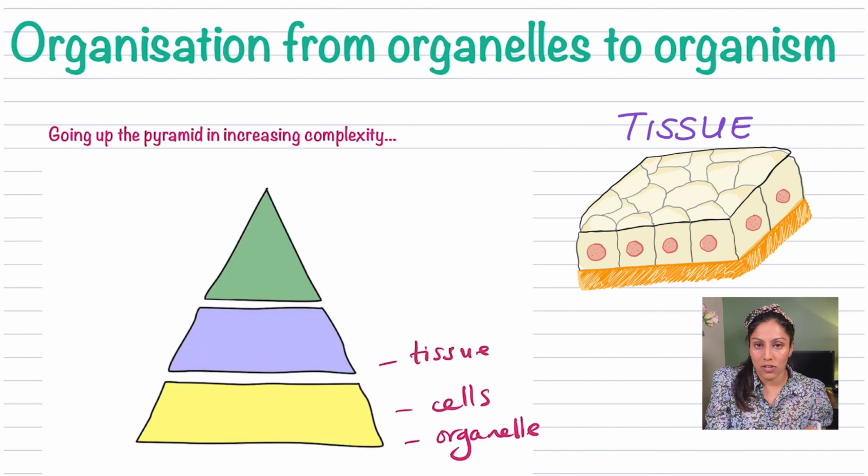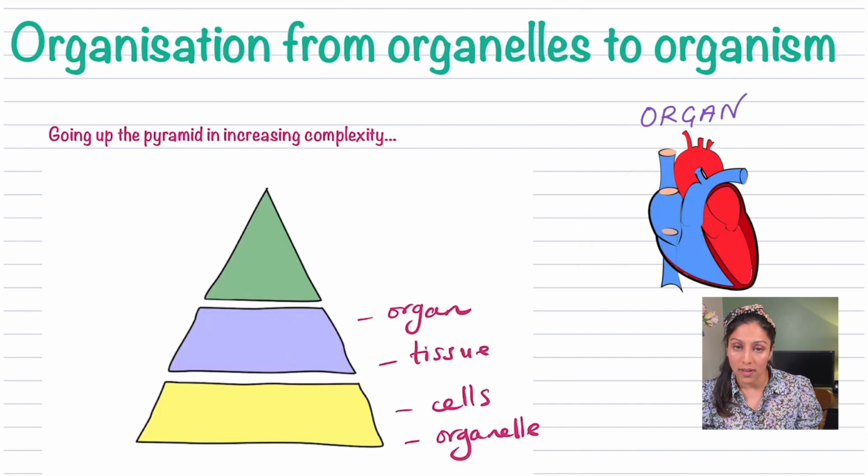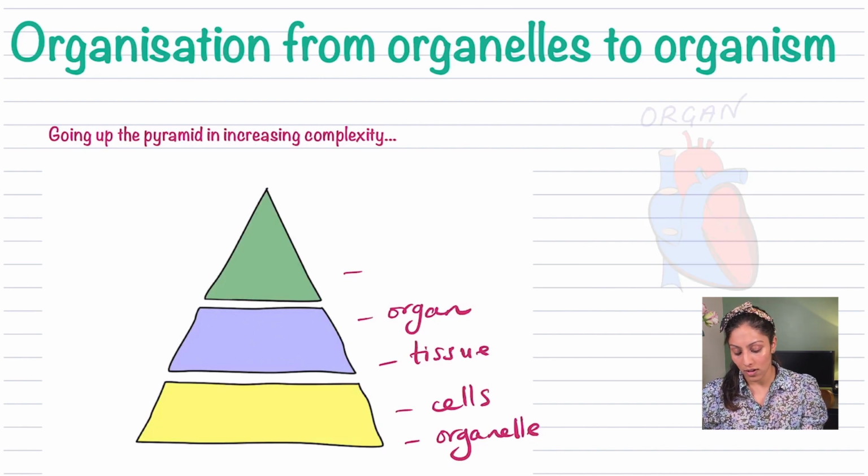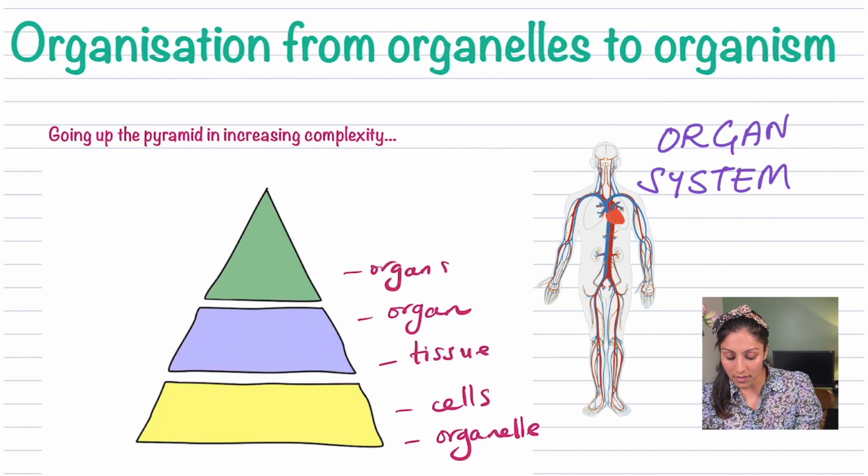And that's not the tissues that you blow your nose with, that's actually tissues that are made up of cells. And then if you put lots of different tissues together, those tissues can make up something called an organ. So an organ could be your heart or your lung, they're all examples of organs. And then you take all these organs and you put them together, which carry out a particular function, and you have different organ systems.